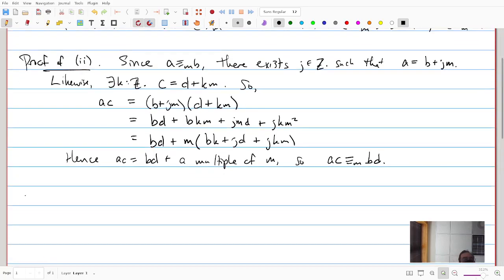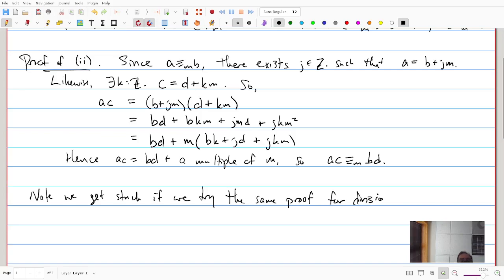So, note, we get stuck if we try the same proof for division. A divided by C equals B plus JM divided by D plus KM, but this does not look like B divided by D plus a multiple of M.